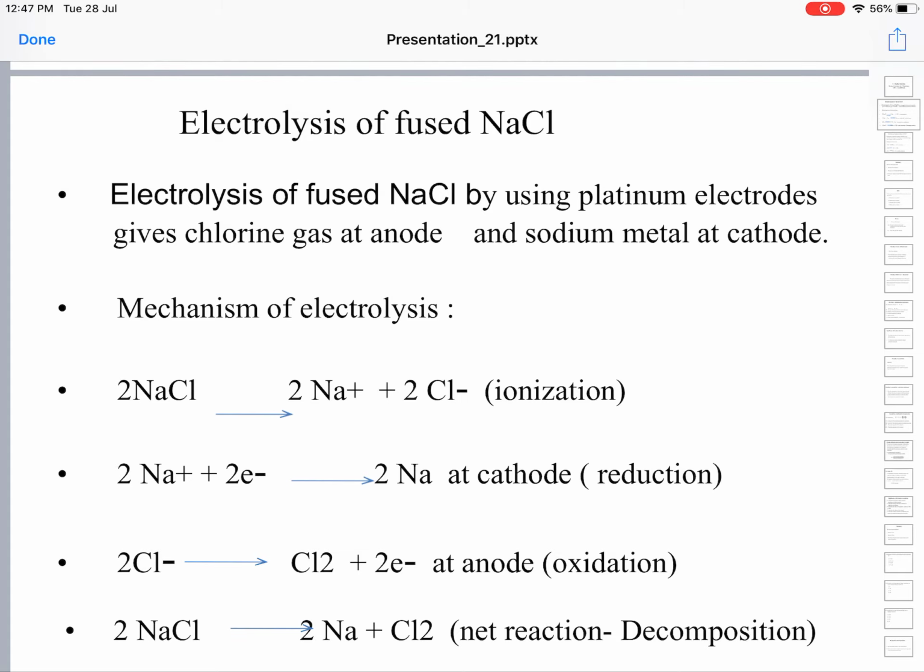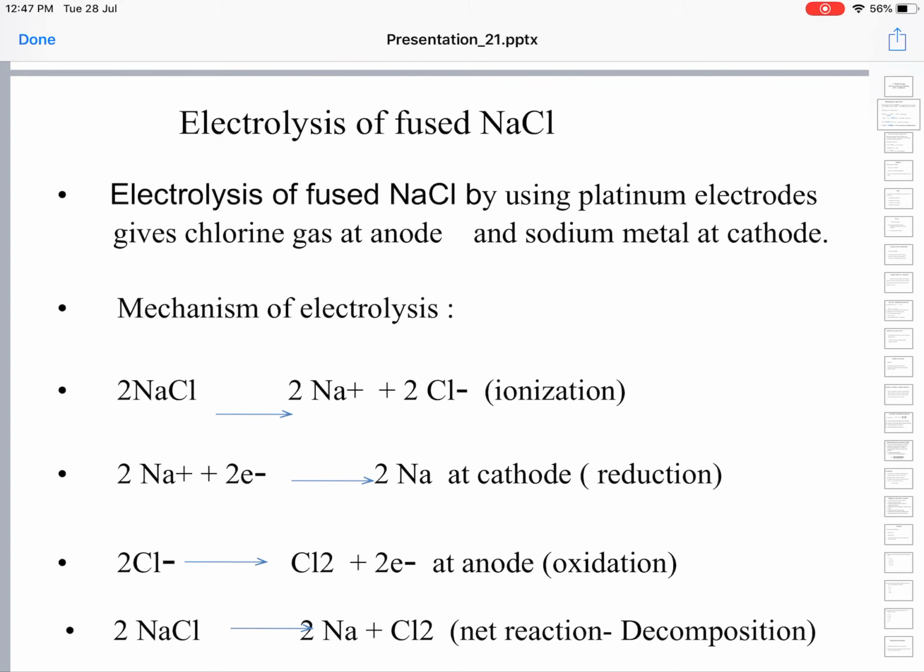Since here chlorine is losing electrons, this reaction is called an oxidation reaction. Loss of electrons we defined as oxidation, gain of electrons we defined as reduction previously. There should not be any confusion, remember it properly.